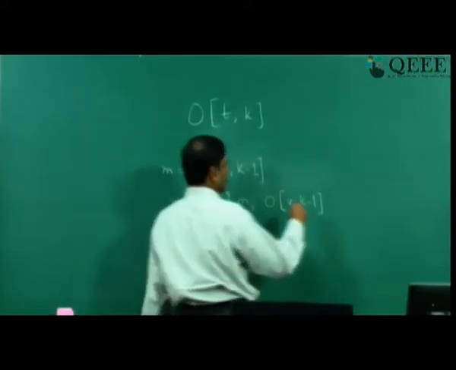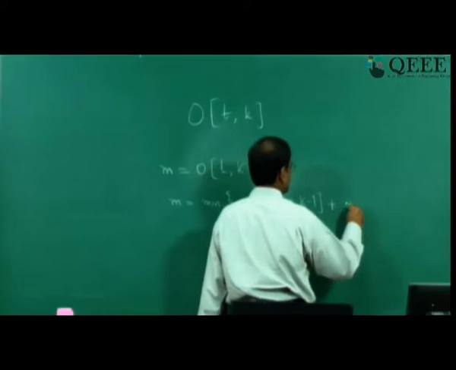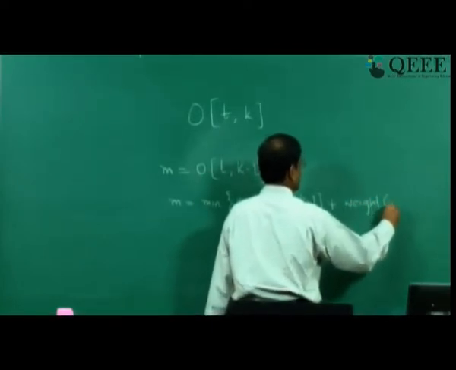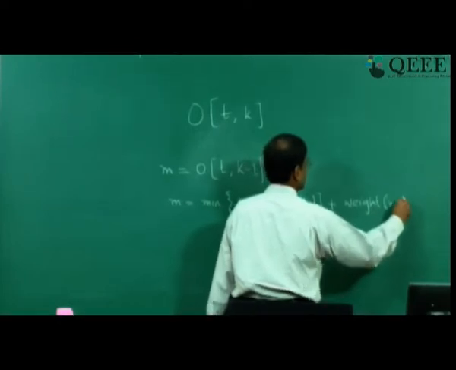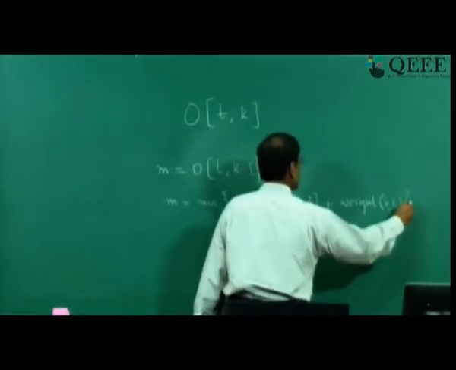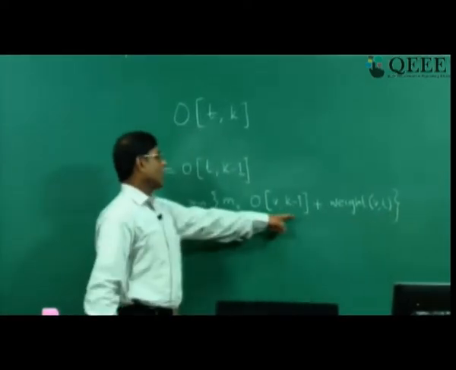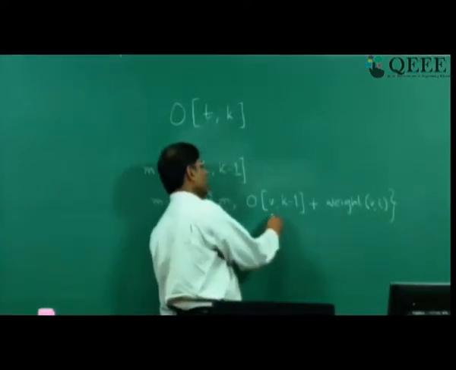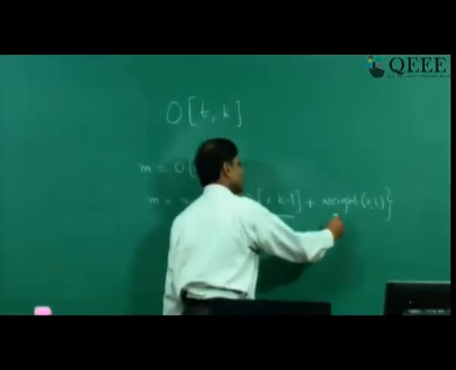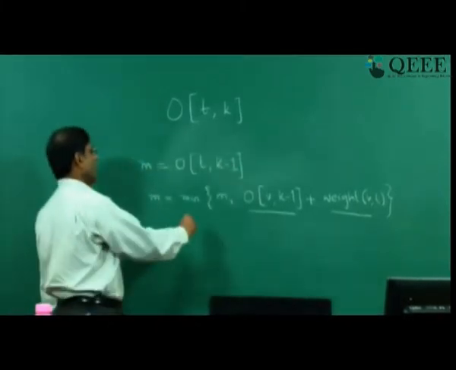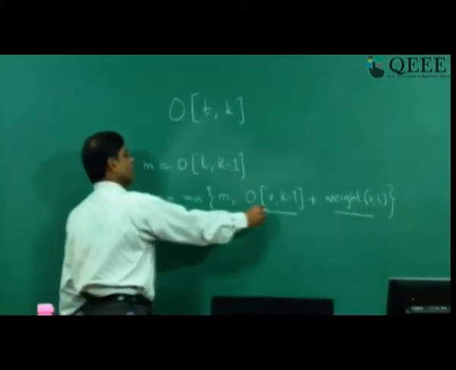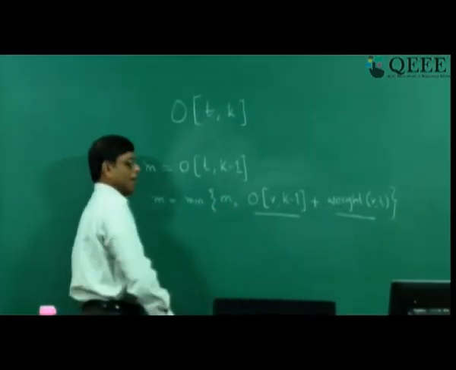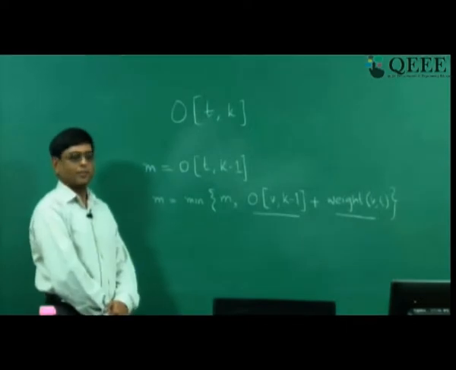And in the case of Bellman-Ford, we added the weight of the edge from V to T. So I take a path of length K, consisting of a path of length K-1 plus this edge, find the minimum of these and compare it with the minimum you already found. This is how Bellman-Ford was done.